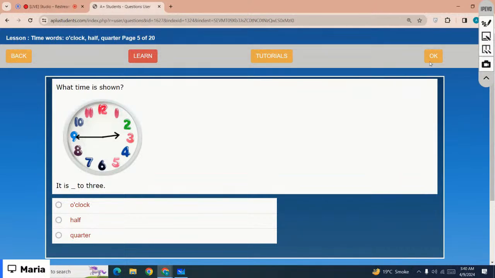The correct option is quarter to 3, because you have 15 minutes to 3. So that's again quarter to 3. The correct option is quarter to 3.